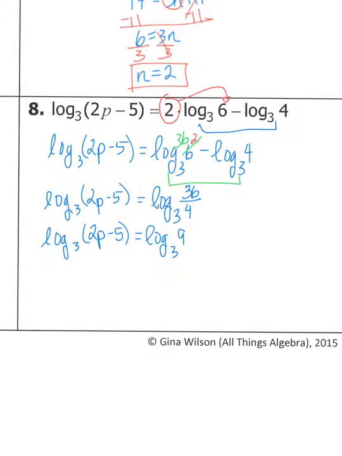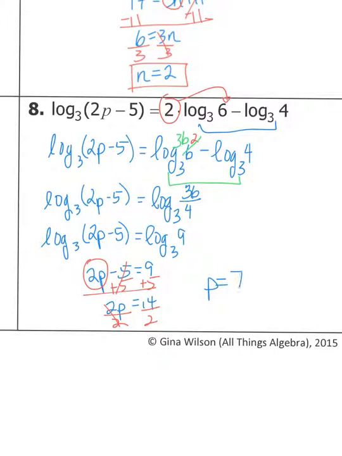And now that you have a log equaling a log, you can set the arguments equal to each other and solve. And so you get P is equal to 7. And then if you check, 2 times 7 is 14, minus 5 is 9. So that is a positive value. So this is a good solution.